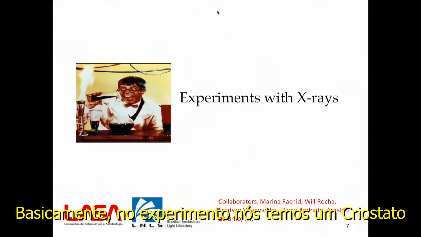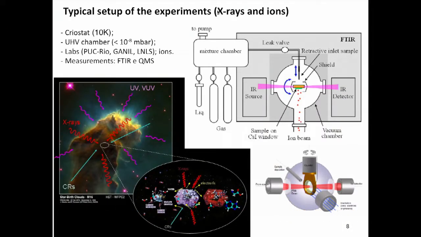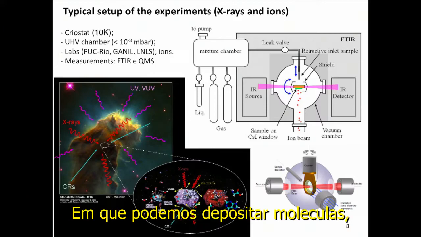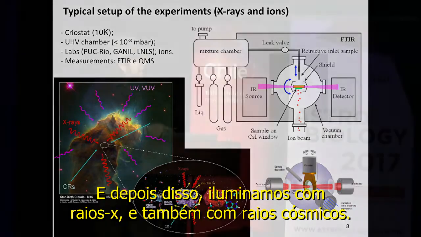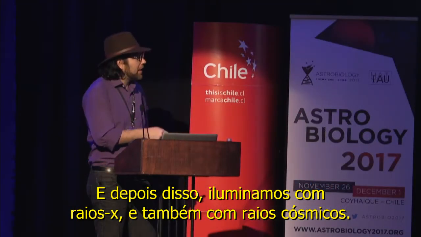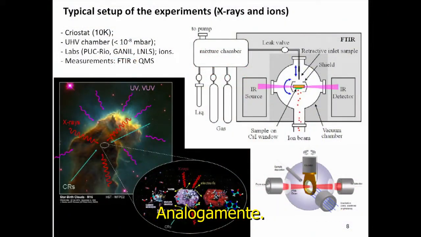Now I will move to some experiments with X-rays. Basically, in the experiment, we have a cryostat, a cold crystal, in which we deposit molecules that can simulate the molecules that exist in space. And after this, we illuminate with X-rays and also with cosmic ray analogs.